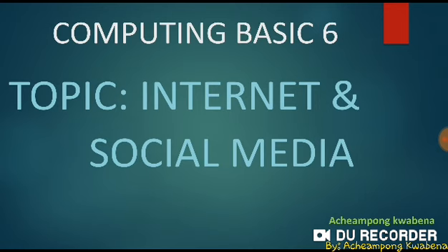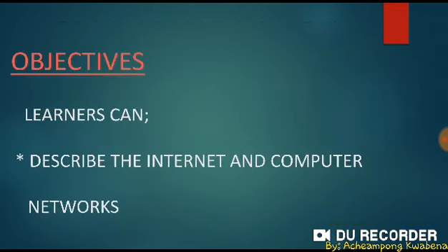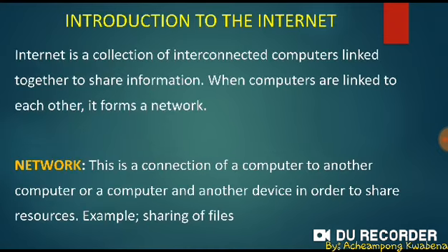So first of all, we'll look at what the internet is. When you talk of the internet, it is a collection of interconnected computers linked together to share information. When computers are linked to each other, it forms a network.